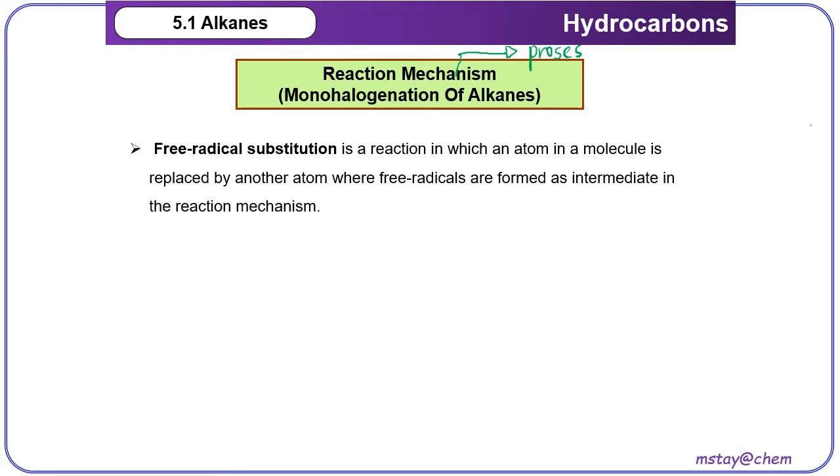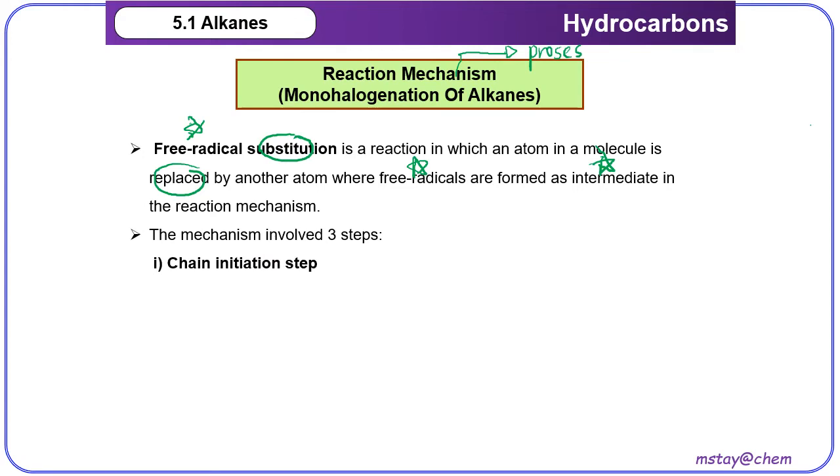In free radical substitution, as the name says, substitution, you will notice that atoms are replaced. And why is there the term free radical? Because later the free radical will be formed as the intermediate. Like just now we said that the mechanism means the process. Here it involves 3 steps. The whole process for the free radical substitution involves 3 steps.